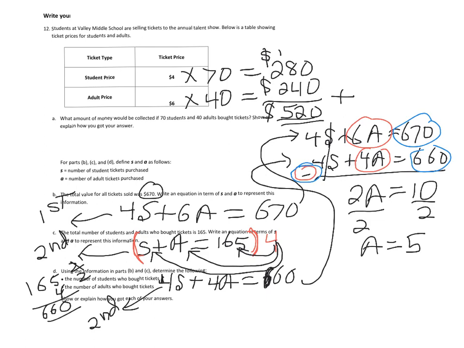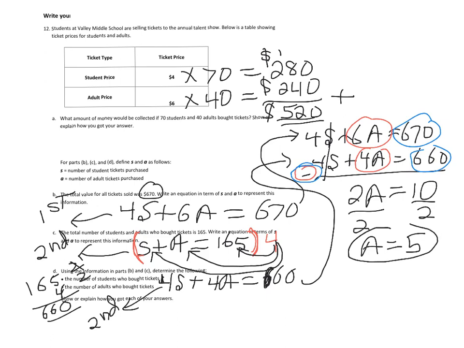Okay, let's look at the question again. Using the information in parts B and C, determine the following. I'm reading part D of the question: the number of students who bought tickets, the number of adults who bought tickets. So we know that the number of adults who bought tickets is 5.